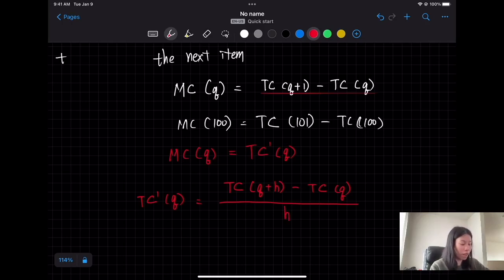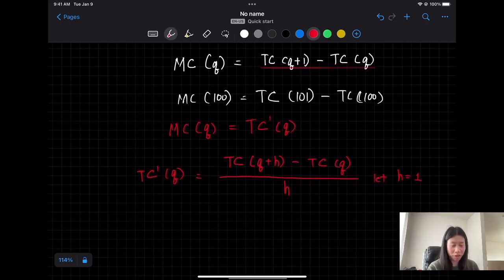So if we let h equal 1, consider 1 as the closest item, because when you're at the factory, in the early session, we talked about the closest being 0.0001 negative or positive, something like that. But in reality, we can't produce 0.001 of an item. The next smallest item that you can get should be 1, right?